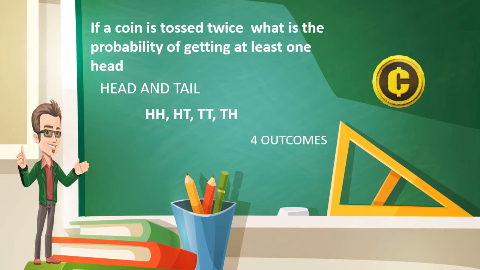That is the HH, HT and TH, and that means we will end up having 3 over 4. From this, we can see that if you divide 3 over 4, you will have 0.75, which means we have a very high chance that when we flip our coin twice, we will end up with at least 1 head.